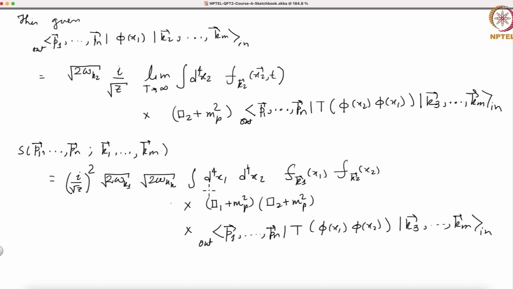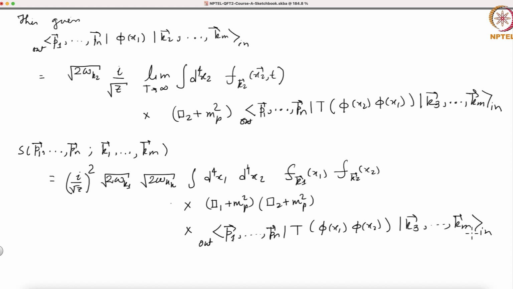Then you will have a new integral d4 x3, then f k3 of x3, then a corresponding differential operator, box 3 plus mp square, and you are going to get a time order product of phi x1, phi x2 and phi x3, and then one label less. And then again you repeat until you hit the vacuum. So at the end you will have only the vacuum left, and all these things will be correspondingly repeated. So I am going to write down that result.